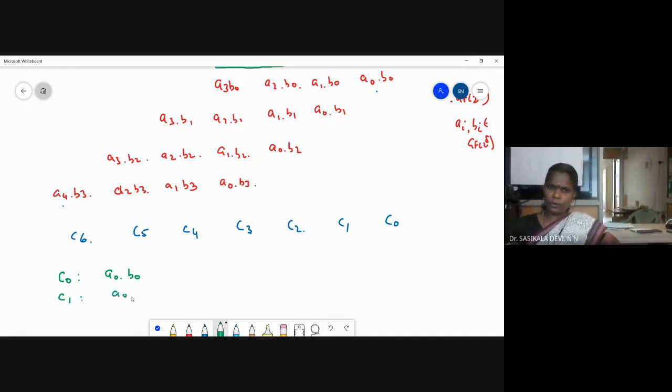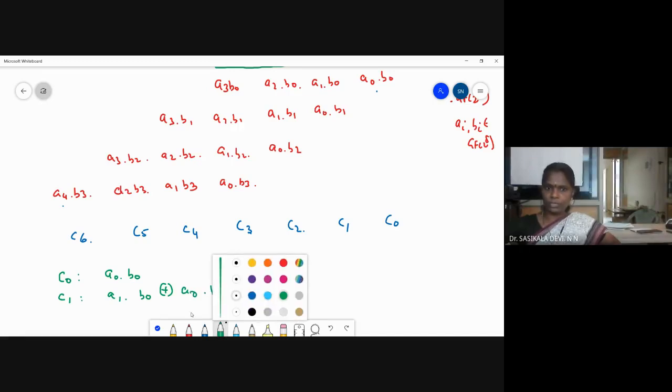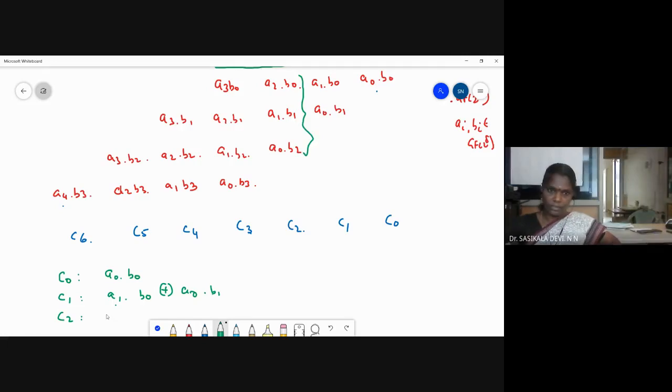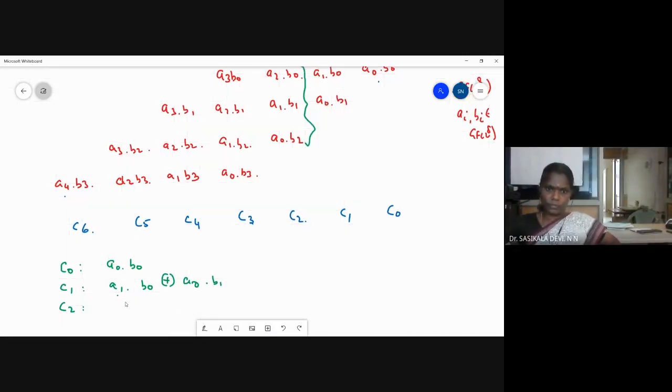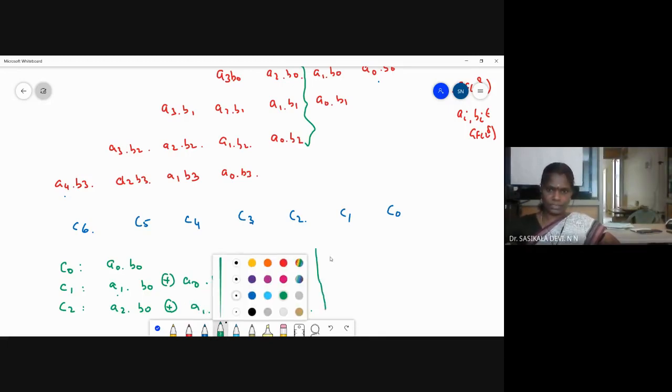C1 is A1 into B0 plus A0 into B1, where addition is XOR. The coefficient C2 is these three polynomials added: A2 into B0 XOR with A1 into B1 XOR with A0 into B2.